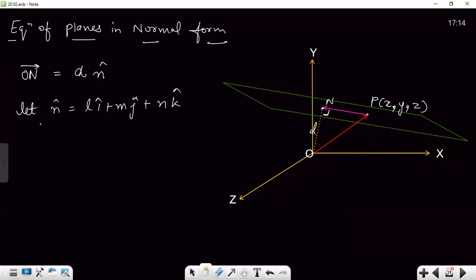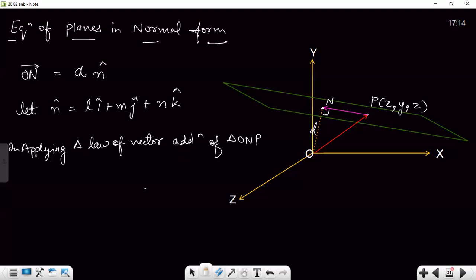So let's apply the triangle law of vector addition on triangle ONP. We know the arrows are going like this, and then this, and then this again. So the sum of these two, OP vector plus PN vector, should be equal to ON vector.